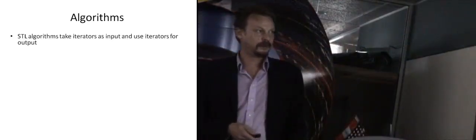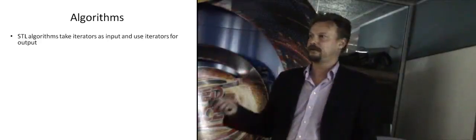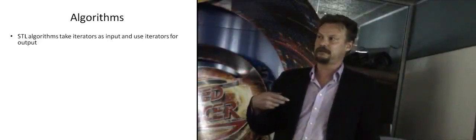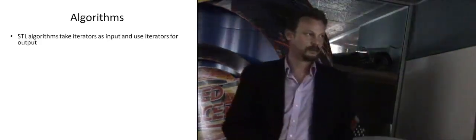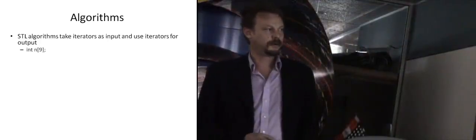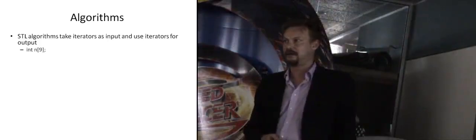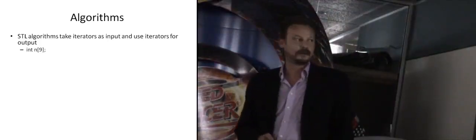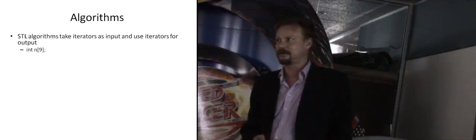Algorithms in STL take iterators as input and use iterators for output, which divorces them from the containers they use to get input from and anything you would store the output to. That is, surprisingly enough perhaps, an STL container. It's a container with value type int that's been reserved with 9 elements.